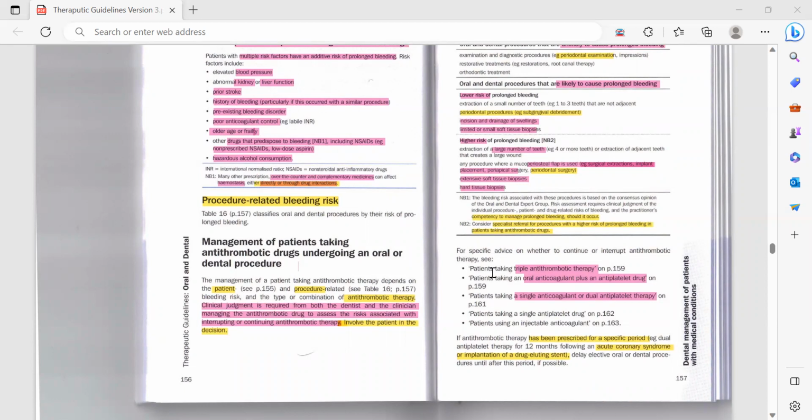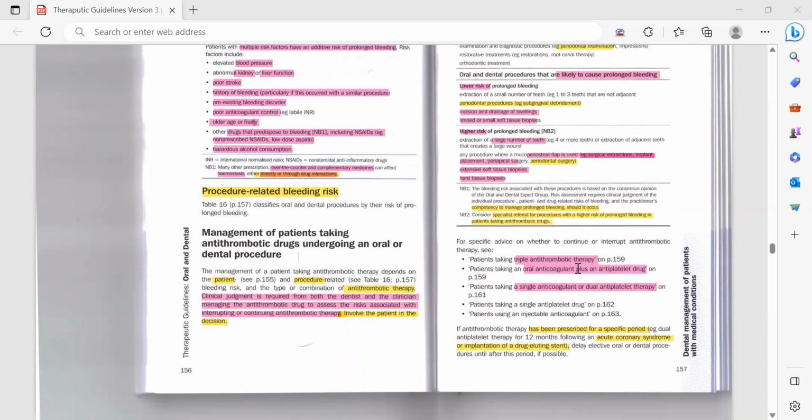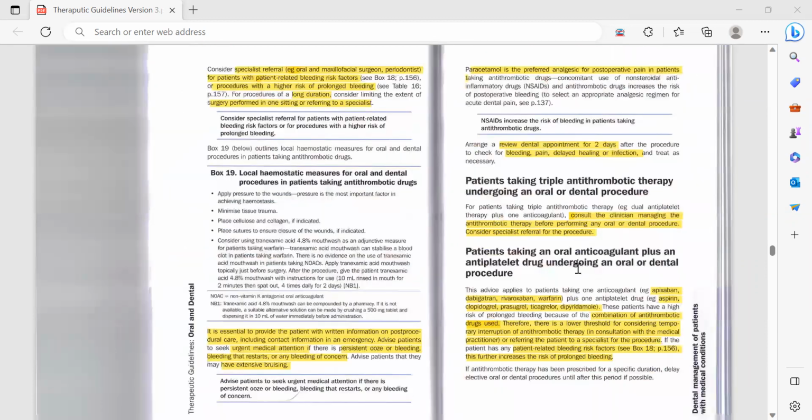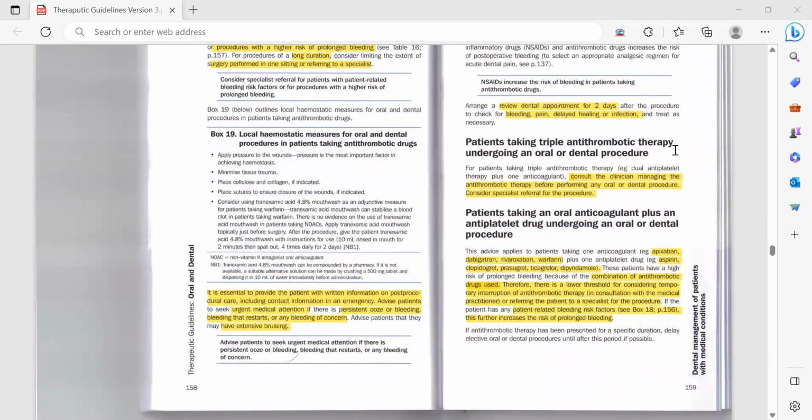For example, if your patient is taking triple antithrombotic therapy, it means he would be taking dual antiplatelet drugs and one anticoagulant. In those cases, you won't be doing anything.